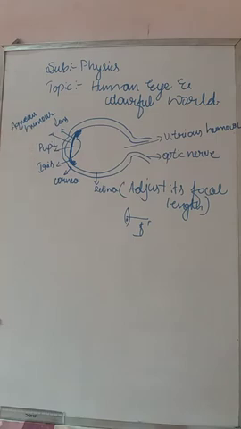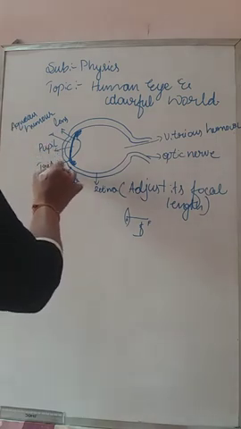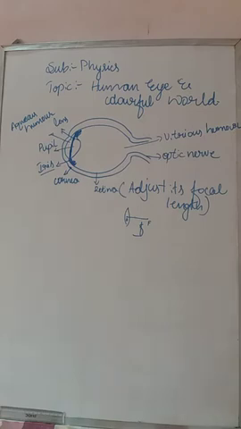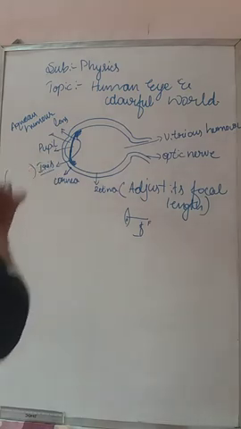Keep in mind. The next, third part is the iris, I-R-I-S. What is meant by the iris? The dark muscular diaphragm. If you widen your eye, you can see the dark colored part, the black part that is visible. That is called the iris. It is a dark muscular diaphragm.